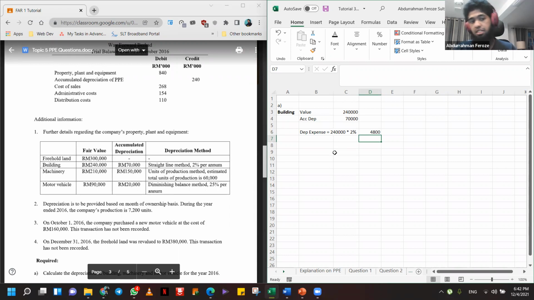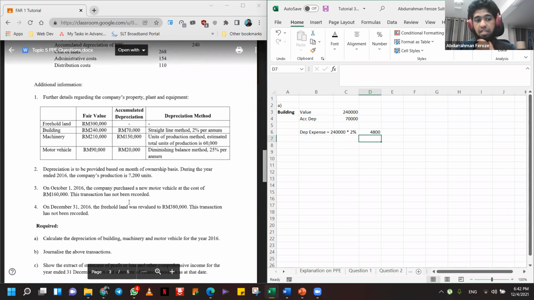Only for the year 2016. So each year it is depreciated by 4,800 ringgit, right? And then we should do machinery, right? Okay, machinery.